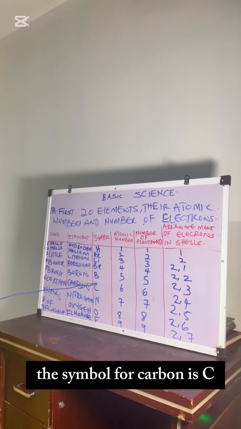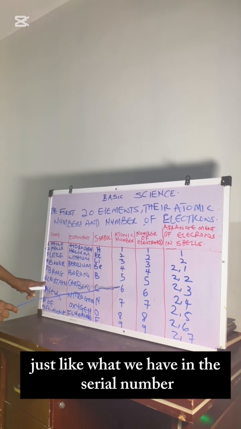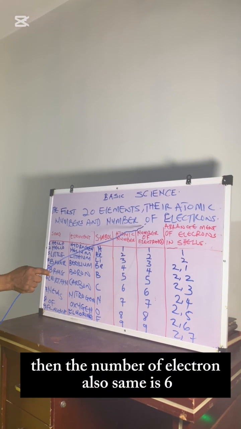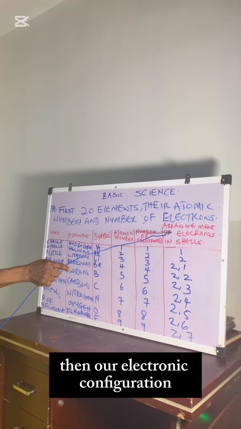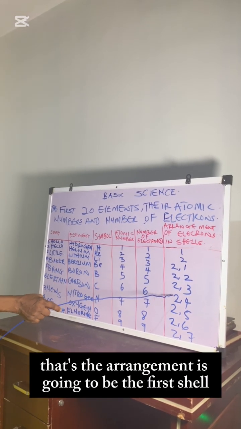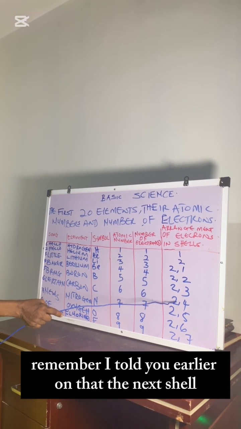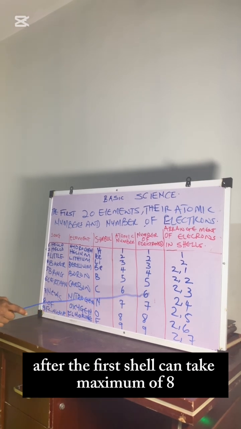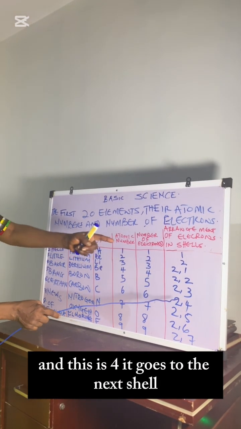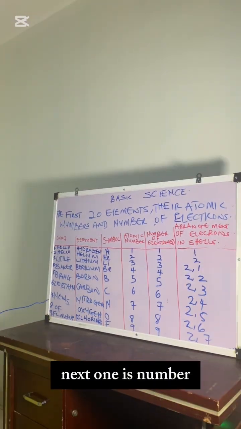The symbol for carbon is C. The atomic number of carbon is 6, just like the serial number. The number of electrons is also 6. Then our electronic configuration, that's the arrangement, is going to be: the first shell takes 2. Remember I told you earlier that the next shell after the first shell can take a maximum of 8, and this is 4. It goes to the next shell, which can still accommodate 4 because the maximum is 8.